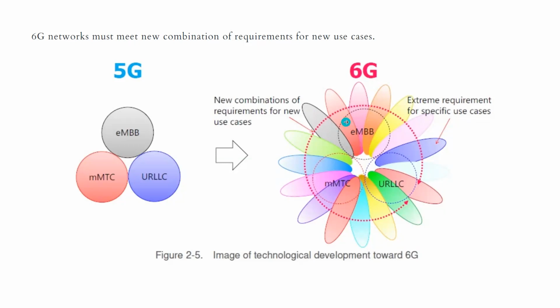So on top of the basic requirements of EMBB, MMTC, and URLLC, in 6G we are having new user specific requirements.